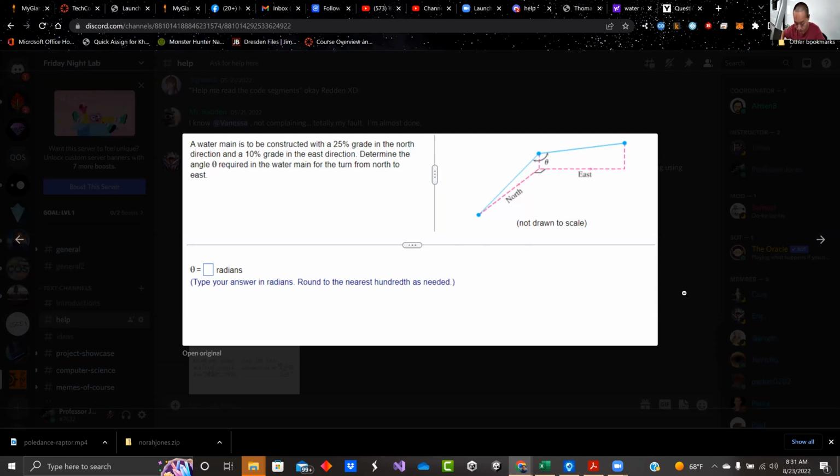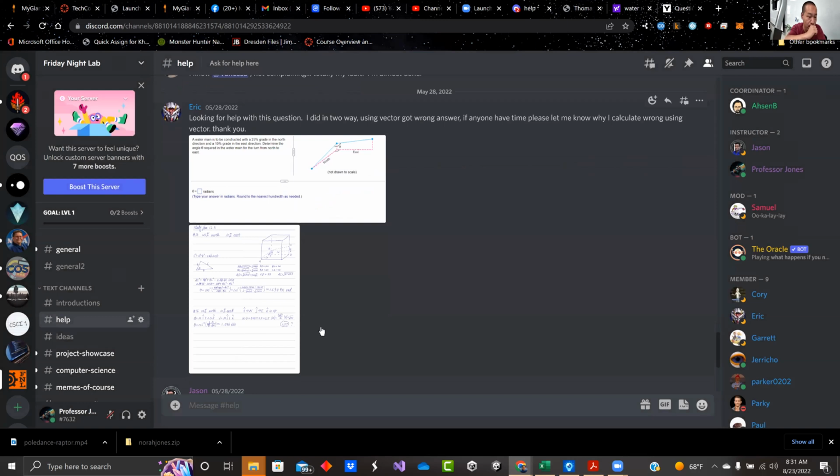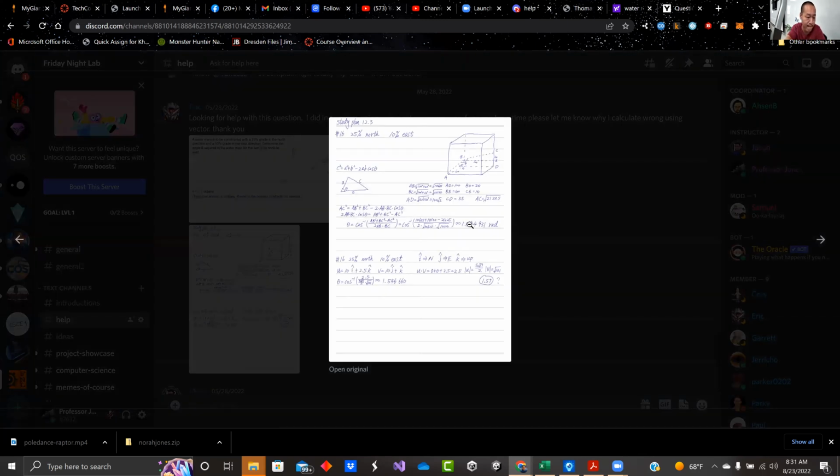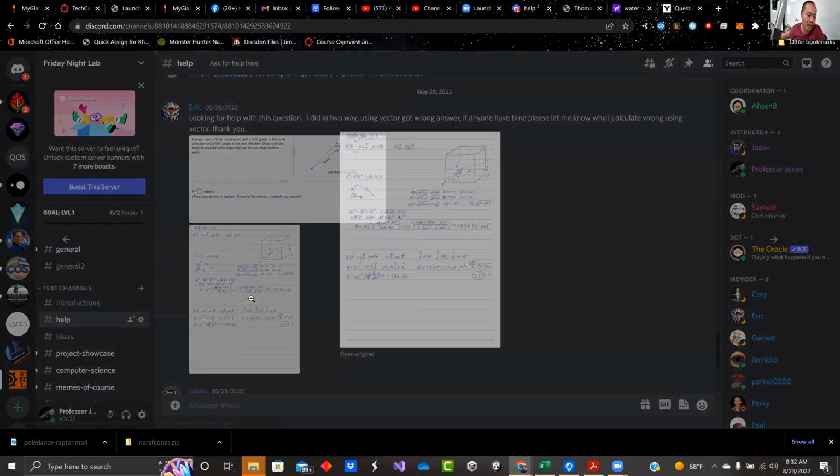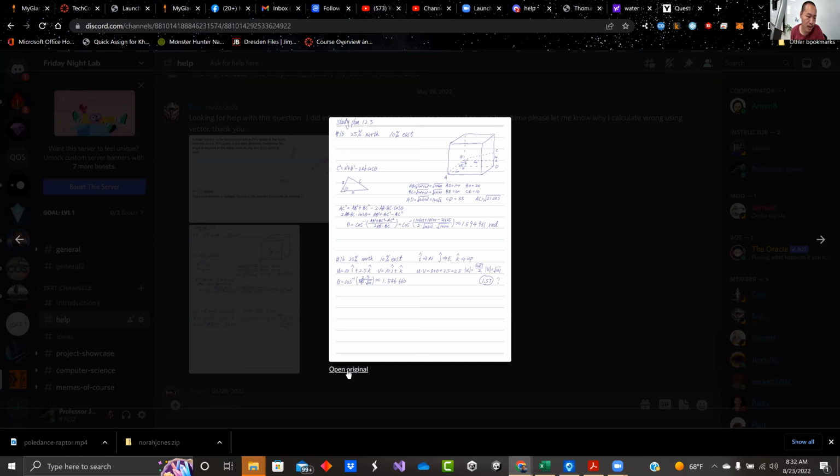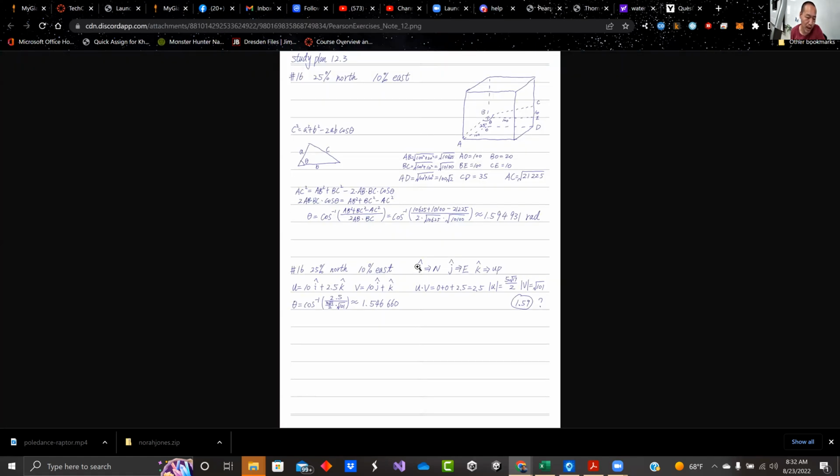The magnitude, you can find it using the regular dot product, and that's what I did. I found the magnitude and the dot product two different ways, and they come up with different answers. It should be the same, right?